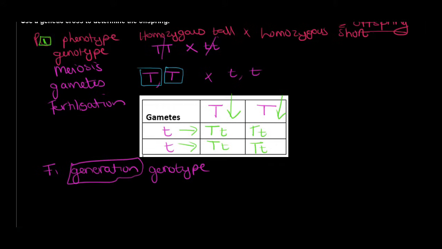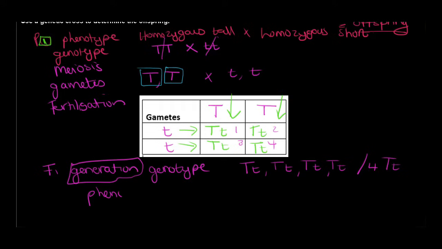So what do we have here? We have a genotype that looks like that. Or you could just write 4 lowercase t and a capital letter, because how many are there? 1, 2, 3, 4 of them. Okay, do you understand? I hope you do.